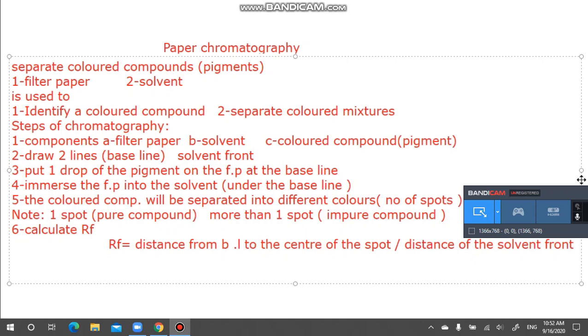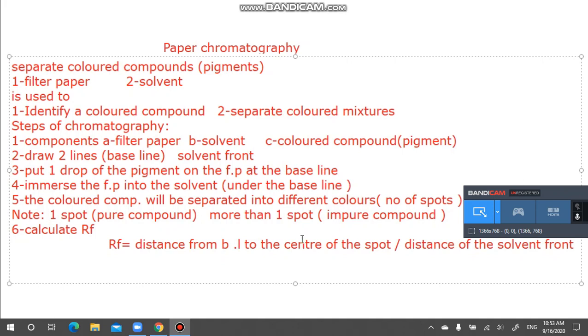The distance from the baseline until the highest point that the solvent will reach is called the solvent front. In the figure, it equals 6 centimeters.